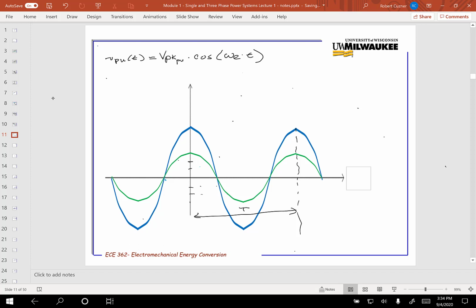We've already established that the frequency associated with the sine wave or cosine wave has an angular frequency equal to 2 pi Fe, which is the same as saying 2 pi over t.